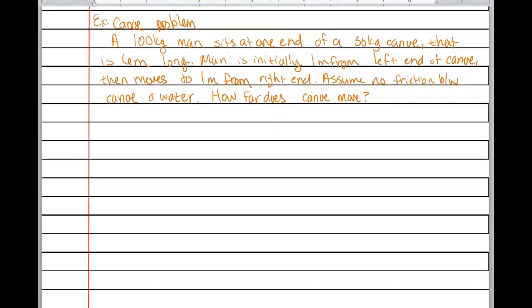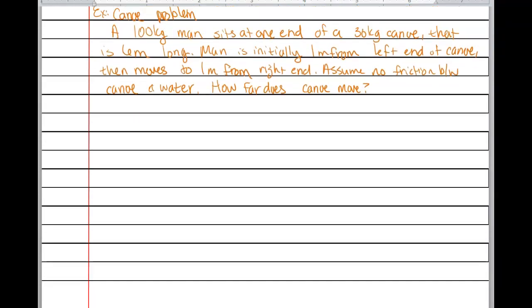So let's try and visualize this a little bit. Okay, so he starts, let's draw our canoe, and he's like over here. Okay, so 1 meter from one end. And he ends up, well, let's not draw the canoe yet.